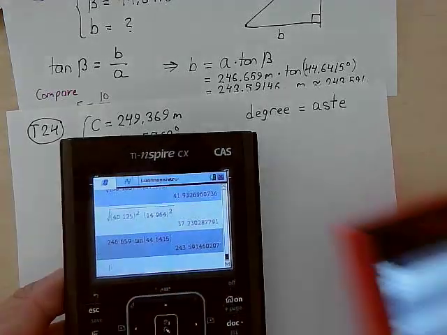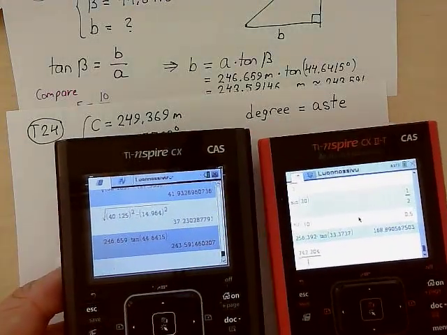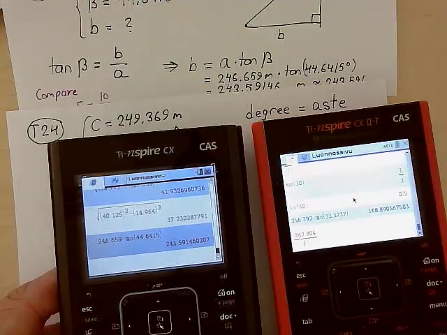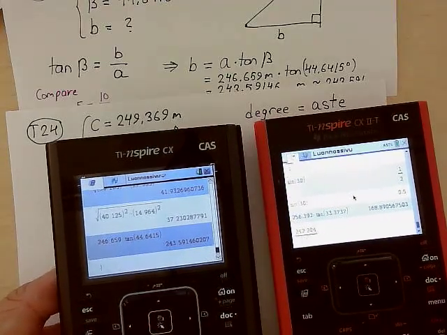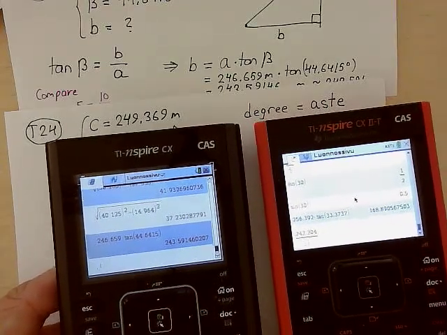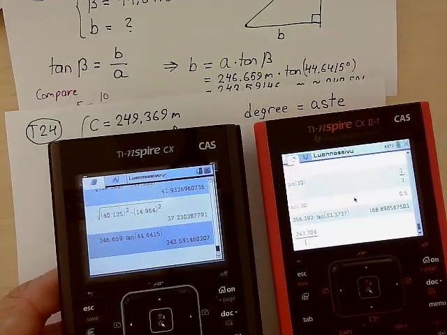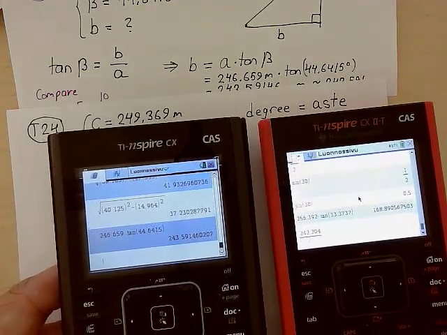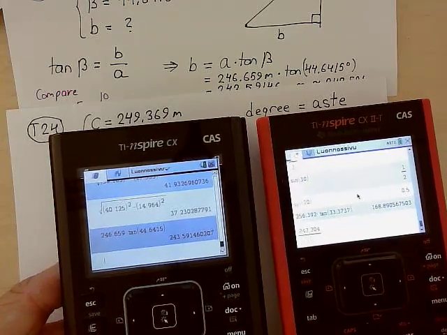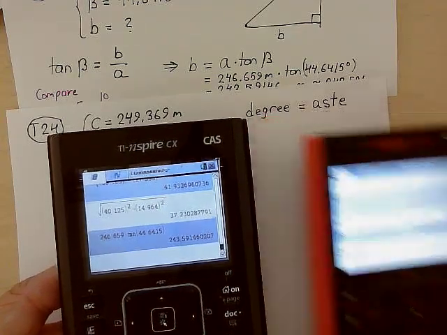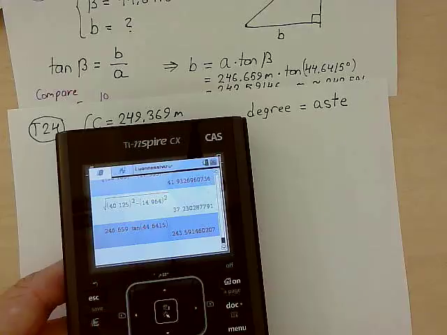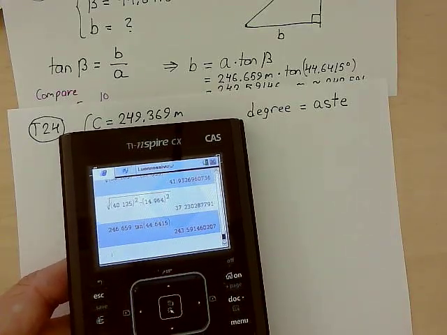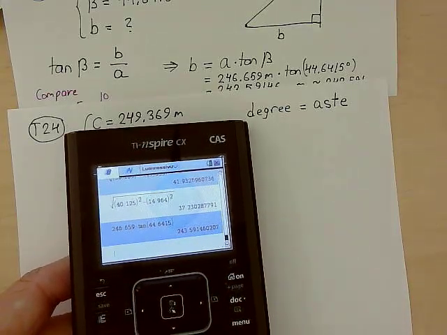For example, these are almost the same calculators. This red one is much newer, but they are actually almost the same calculators. But as you see, in this left one, you don't see the unit of degree there. And that is sometimes a problem, because if you have the wrong unit, you get wrong answers.